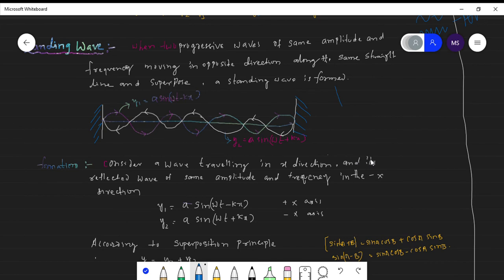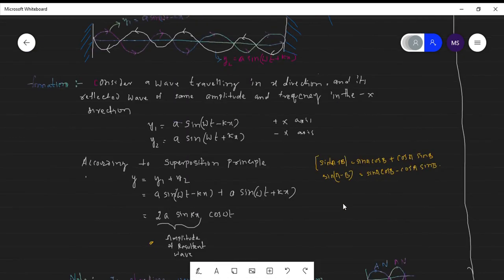Consider the two waves. We have already defined y1 is equal to a into something, and y2 is equal to a into something. One has a negative sign and the other has a positive sign. So one is traveling along the positive x-axis direction, and the second one is traveling along the negative x-axis direction. So when they are superimposing with each other, what happens?